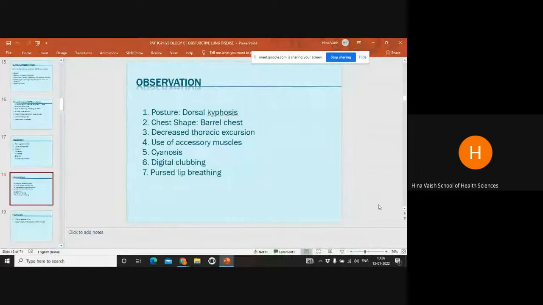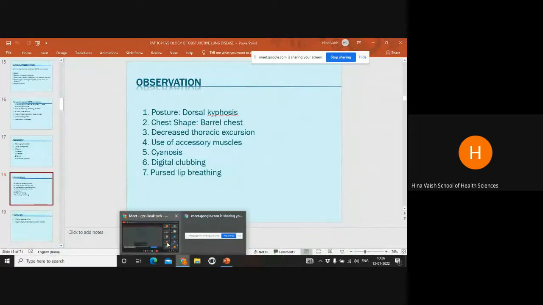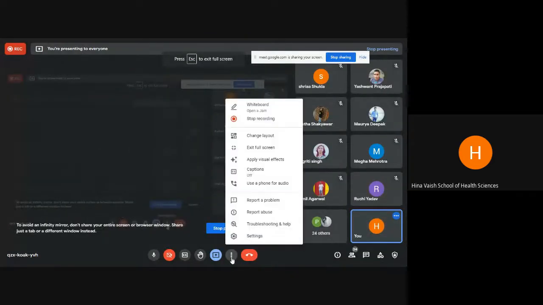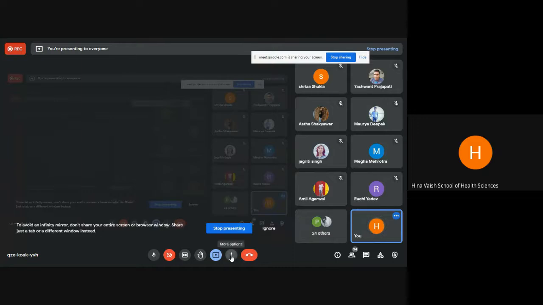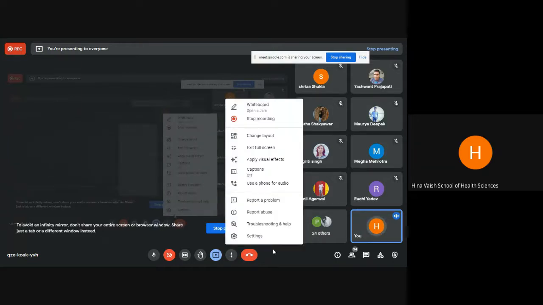coming back for a minute and sharing the blackboard so that I can explain once again why this use of accessory muscles and work of breathing is happening.